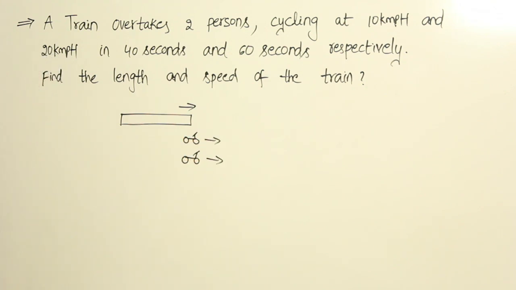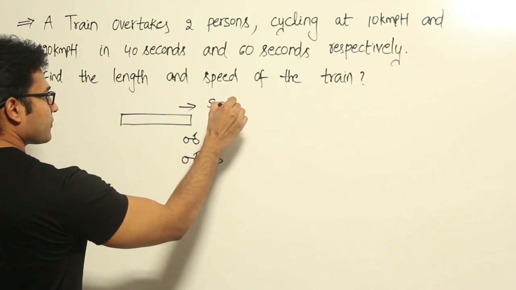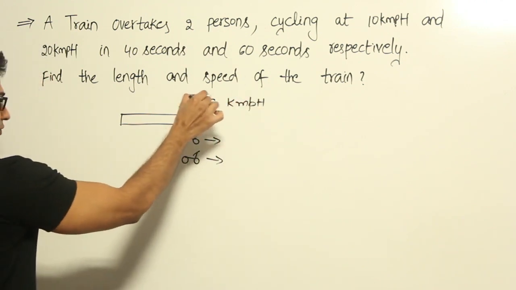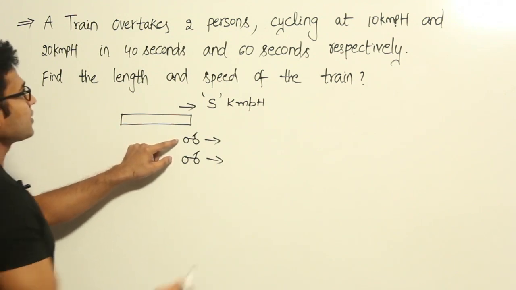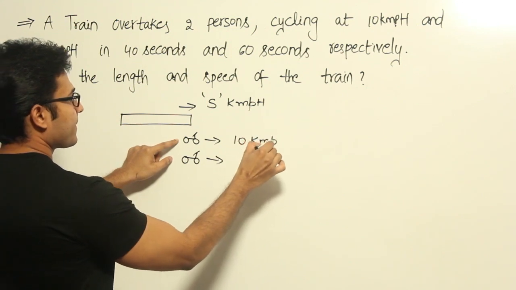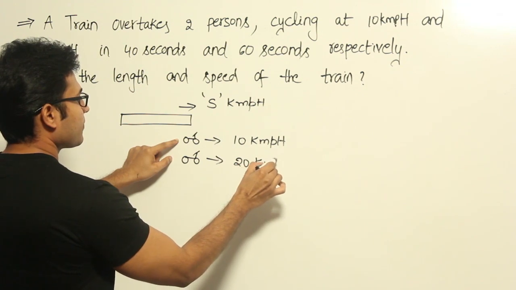Now the train is moving, and the speed is not given, right? So let us assume that the speed of the train is s kilometers per hour. The speed of one cyclist is given as 10 kilometers per hour and the other cyclist is given as 20 kilometers per hour.